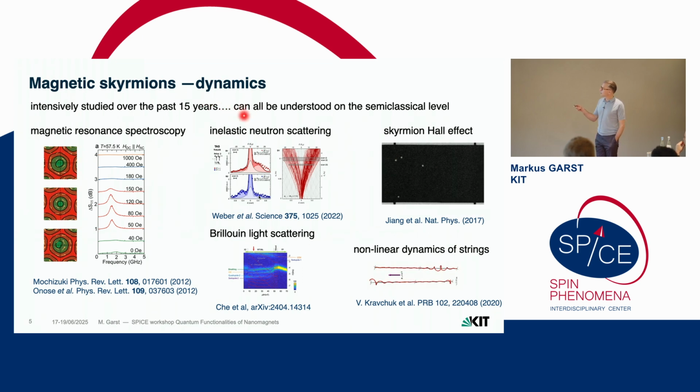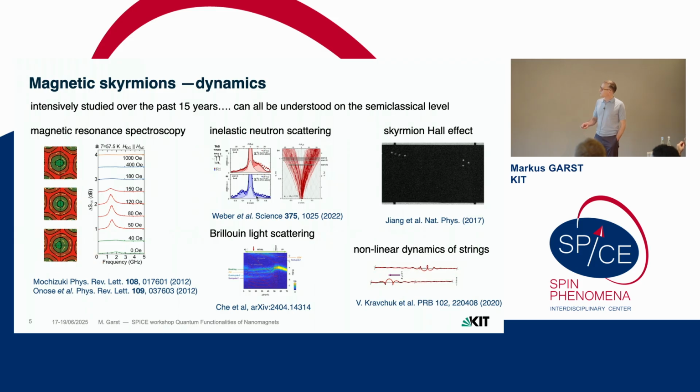It has been studied very intensively, and all these features can be understood essentially on the semi-classical level. So you don't need to invoke really quantum mechanics, at least on some level. For example, the excitation modes of skyrmions have been studied with magnetic resonance spectroscopy. This was in 2012, for example.